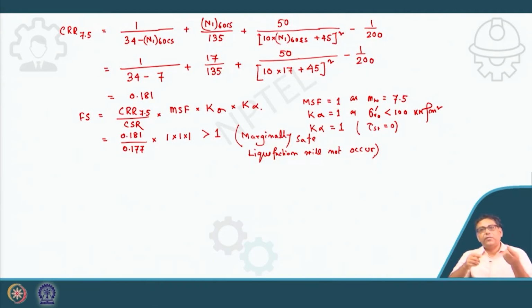If you consider 1.25 or 1.5 as your threshold, then it has to be greater than that. Now I will use the next technique, that is the use of CPT data.